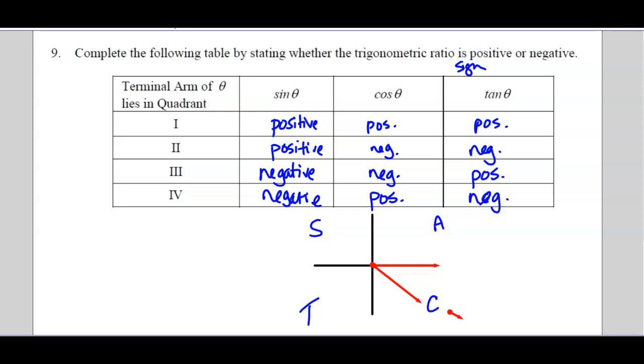So, all students take calculus, starting in quadrant 1. Some use the CAST rule, C-A-S-T. That starts in quadrant 4, so I think that's kind of weird, but when I was in school, that's what they did. Or if you're like me, add sugar to coffee. That's another common one that starts with A.